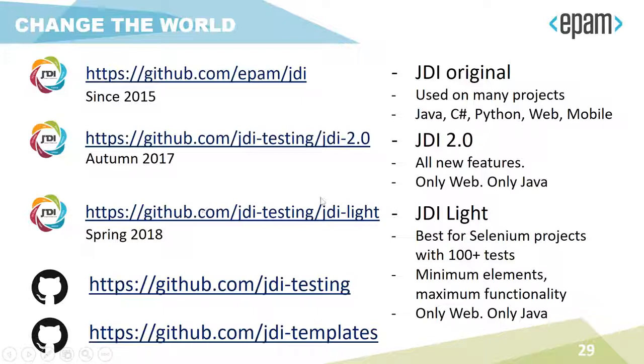And we also have the new JDI Lite framework for UI that was released in spring of this year. This is a simple version of the JDI framework. It has a much smaller number of UI elements. It has a lower entry level to this framework and has much more general functionality, like web element, UI element.